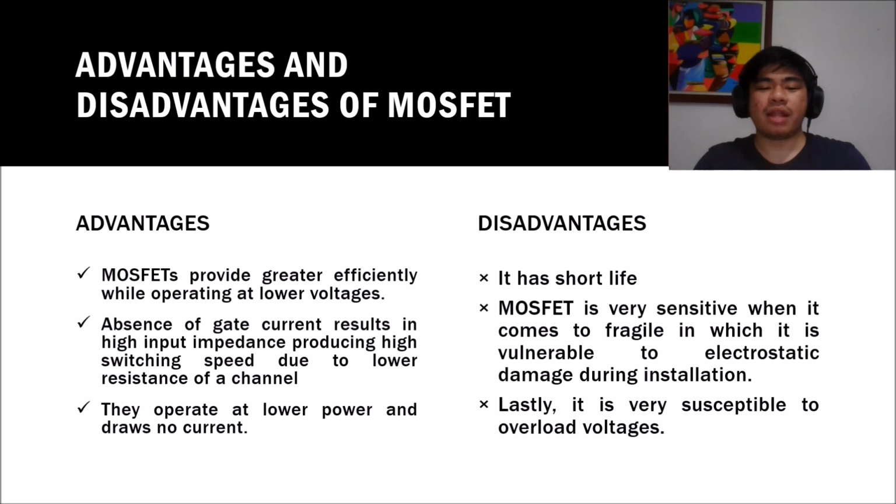And they operate at lower power and draw no current. While the disadvantages: it has a short life. MOSFET is very fragile, vulnerable to electrostatic damage during installation. And lastly, it is very susceptible to overload voltages.